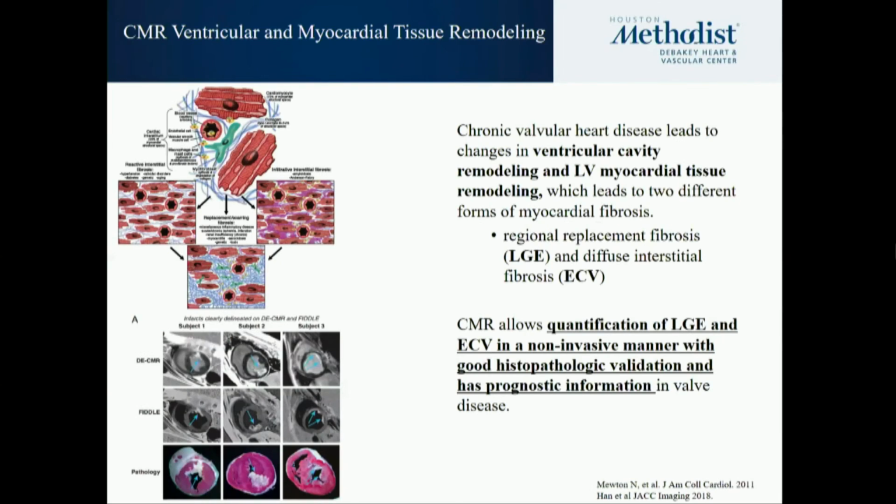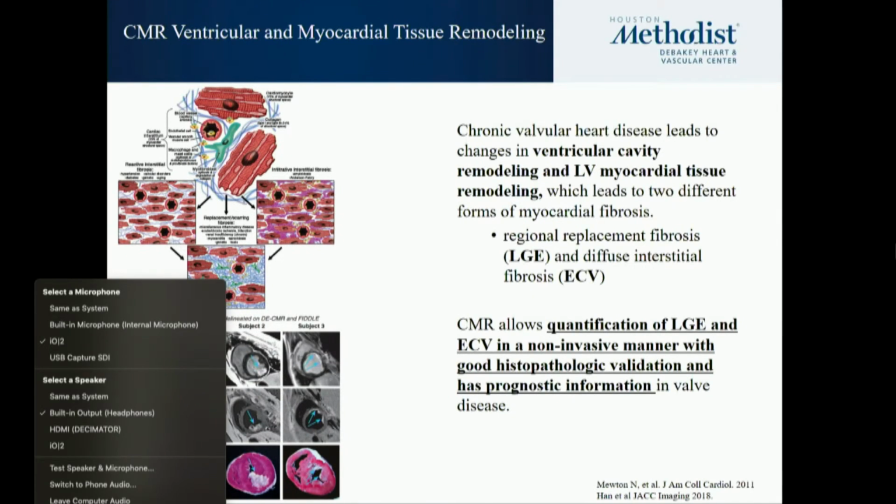So what's new in cardiac MRI is due to the latest advances in cardiac MRI with faster image processing, we're able to now look at myocardial tissue remodeling and also ventricular remodeling. And so we know that chronic valvular heart disease leads to changes in the ventricular cavity remodeling, as well as LV myocardial tissue remodeling, which then leads to two different forms of myocardial fibrosis.